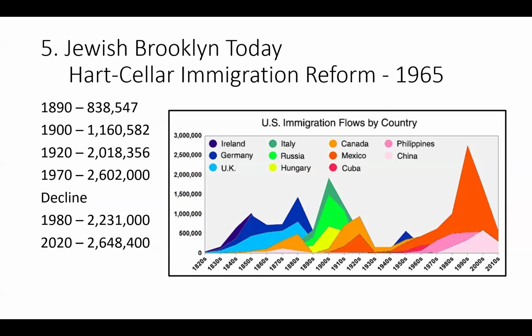But if you look closely, you'll see that the blue areas of Ireland, Germany, Ukraine, the green areas of Italy, Russia, and Hungary were superseded by massive immigration from Mexico, from Cuba, from the Philippines, from China and India.